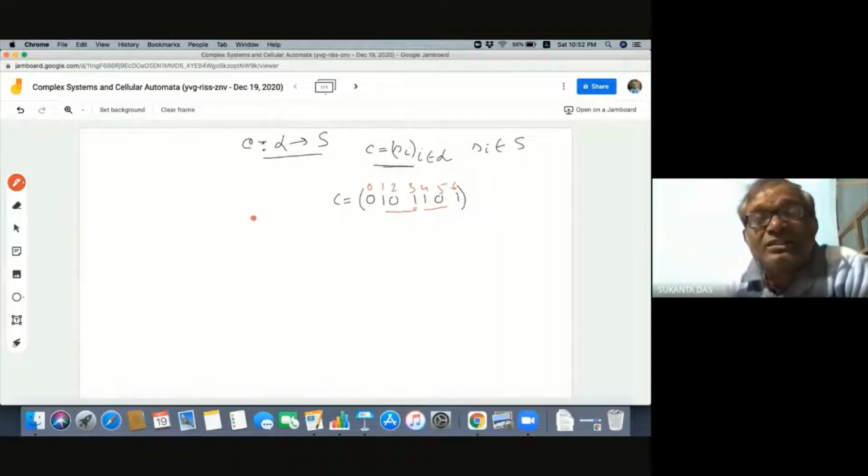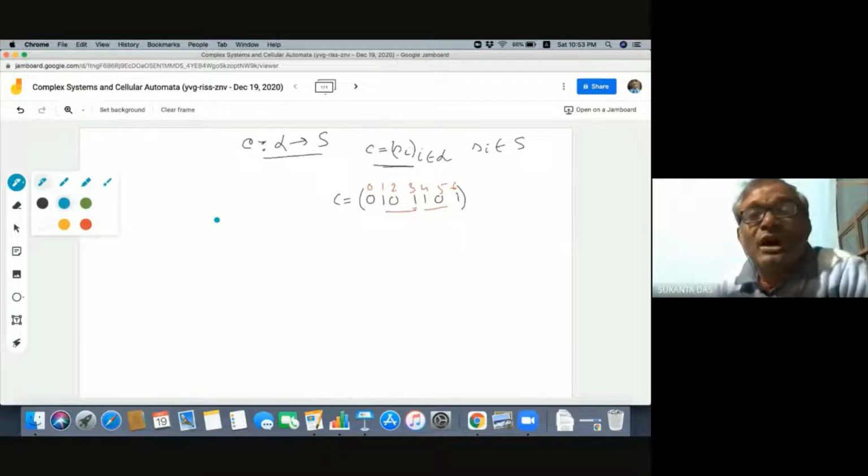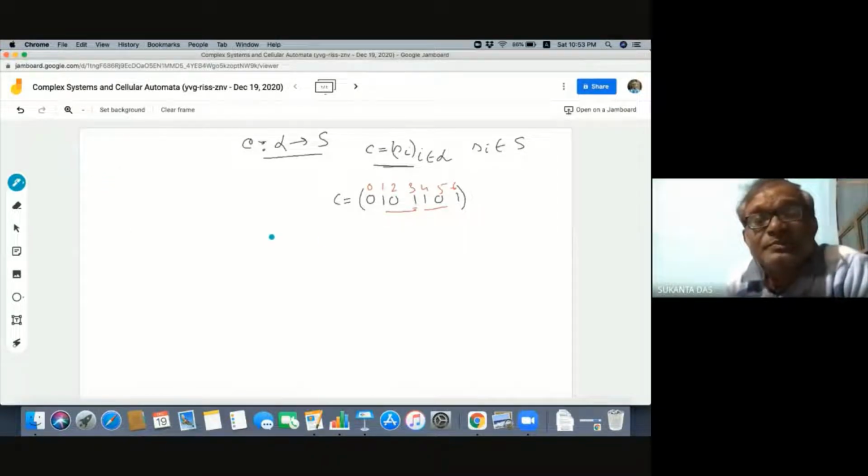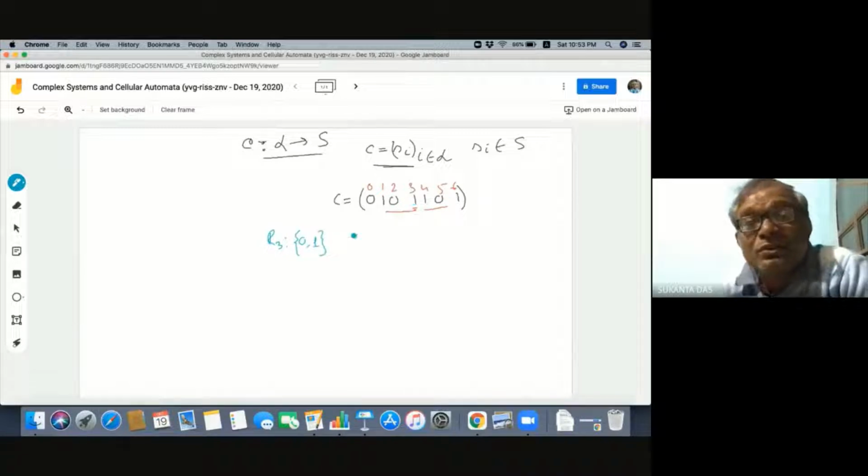So for rule R3, my system is binary, so it is 0, 1 to the power 5, that is 2 to the power 5 entries. This is my R3.